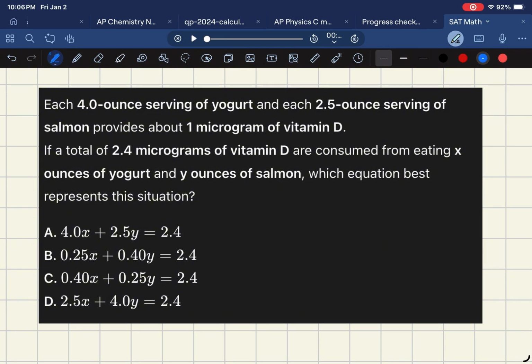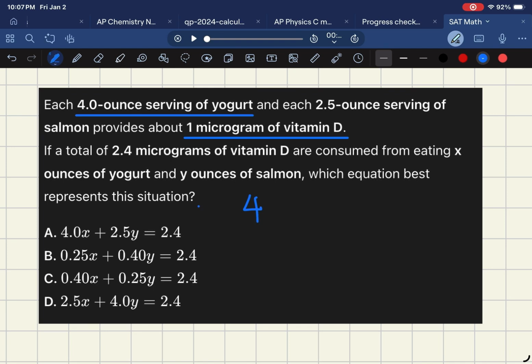Alright, welcome back. Now we're solving the question. We know that 4 ounces of yogurt has 1 microgram of vitamin D. This is important. We can list this expression: for yogurt, 4 ounces equals 1 microgram.